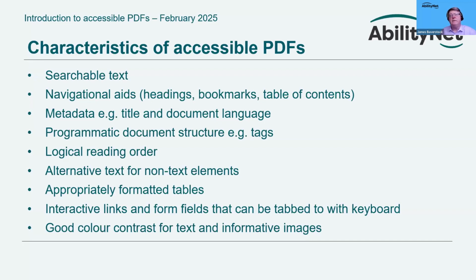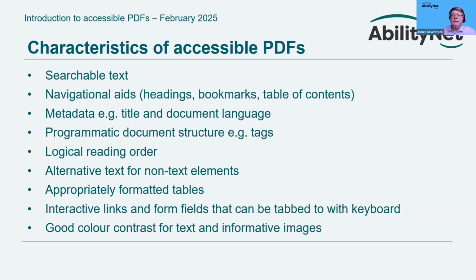And it's also good to have good metadata in your documents, particularly an informative title. And the title is what will be announced when a document is first opened in a screen reader, potentially. And having the document language correctly specified in your document properties is very important, because that means that a screen reader will be able to read out your document correctly with the correct language pack, and it'll have the correct pronunciations.